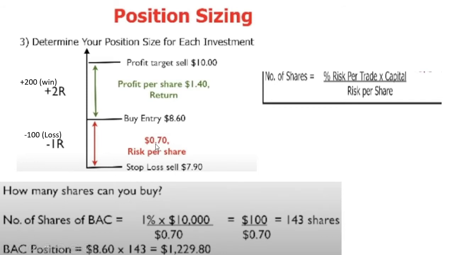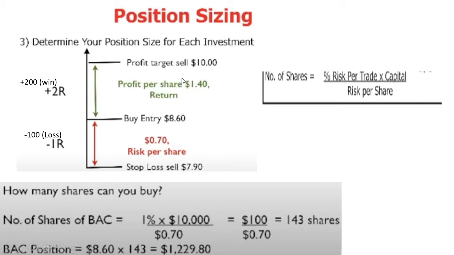So if we're risking 70 cents per share, we need a 2-to-1 ratio. For every 70 cents that we risk, we want to make $1.40, because 70 cents times 2 would be $1.40. Hence why we put our profit target at $10, because $8.60 plus $1.40 would be $10.